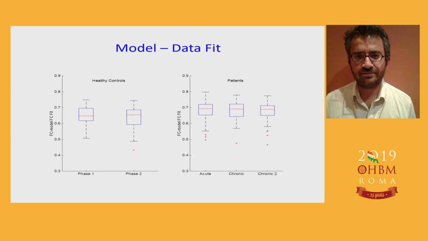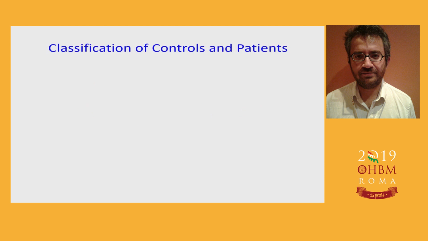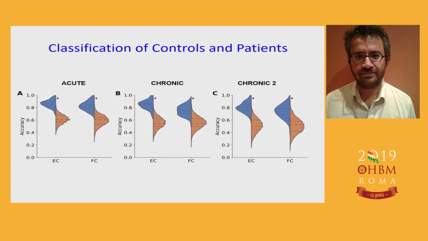So just a quick show that the fit between model and empirical covariances was quite high. And then we considered the classification of controls and patients, and in blue is the actual accuracy across the test sets by training the classifier on 80% of the data.